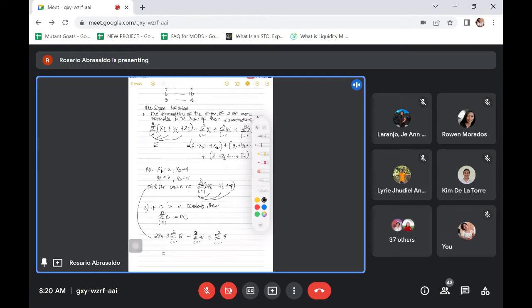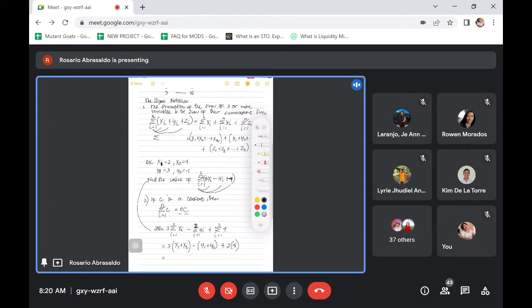So the answer: you just bring down the constant 3, and for x sub i you add from i is 1 to 2, minus y sub 1 plus y sub 2, plus 2, the value of n, times the constant 4. We used the formula in number 2.